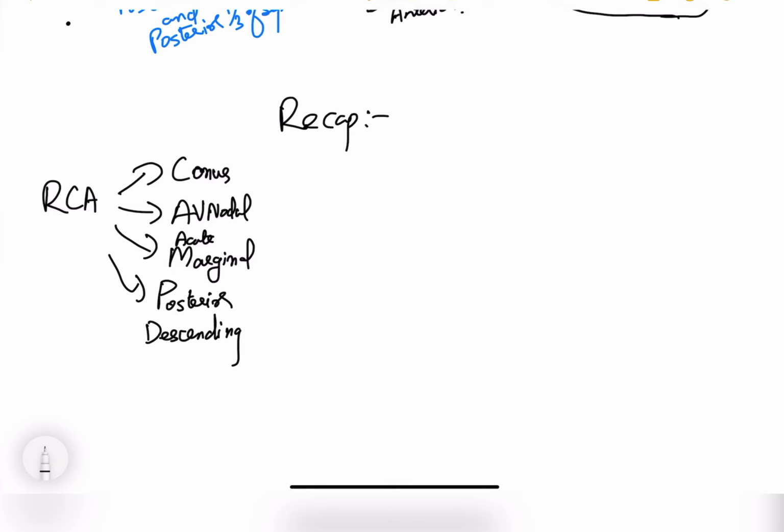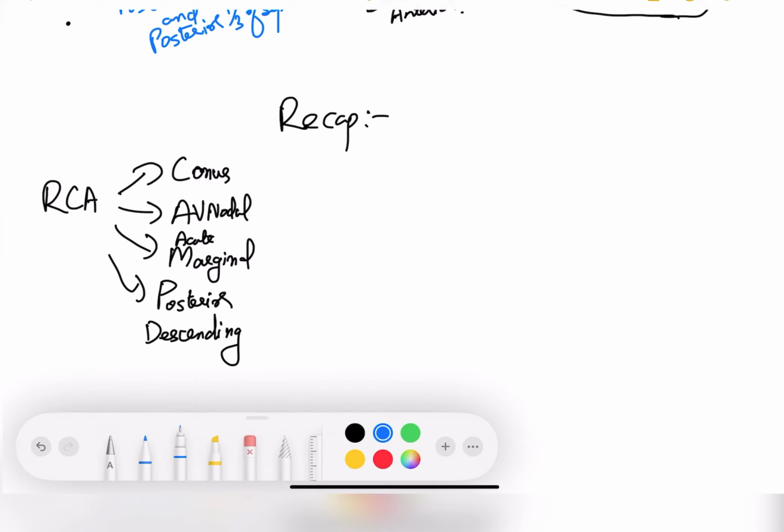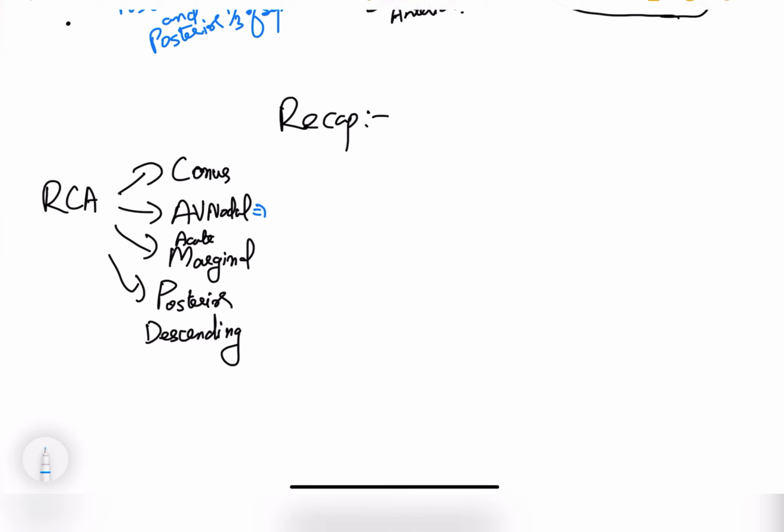Now let's see what areas the individual branches supply. AV nodal branch, as we all know, supplies the AV node, acute marginal supplies the right free wall, while the posterior descending supplies two areas, the posterior wall and also the posterior one-third of the septum.